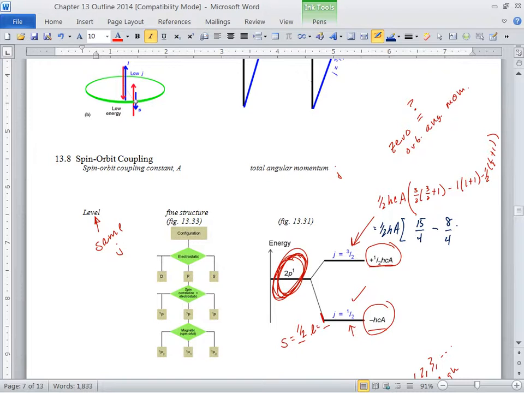You see why we wrote 8 fourths? Now, 3/2 times a negative 1/2 is a negative 3 fourths. That should be right. 15 minus 8 is 7, minus 3 is 4. 4 over 4 is 1, so you end up with 1/2 hca. A lot of work to get that, but it works.